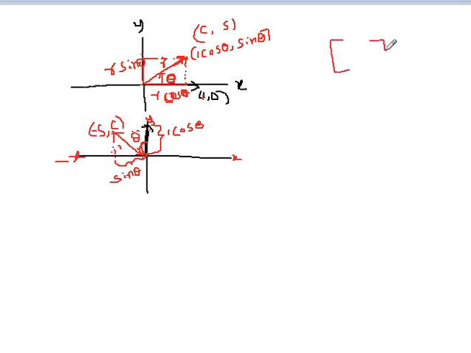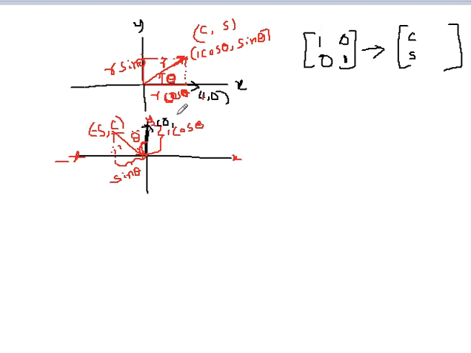Our unit vector (1, 0) will become cos theta, sin theta, and the second one, (0, 1), this point is represented by (0, 1), becomes minus sin theta and cos theta.